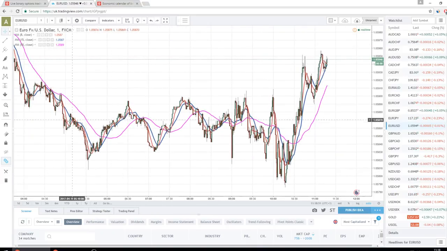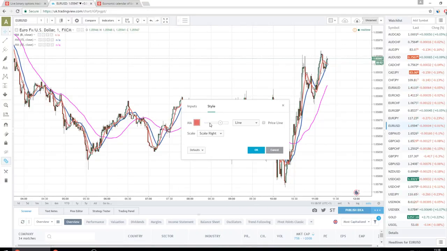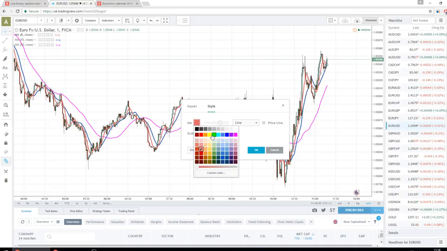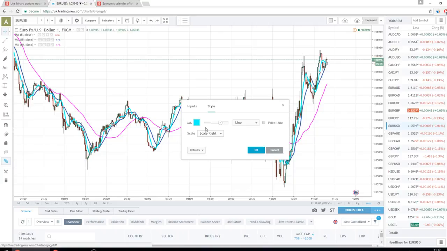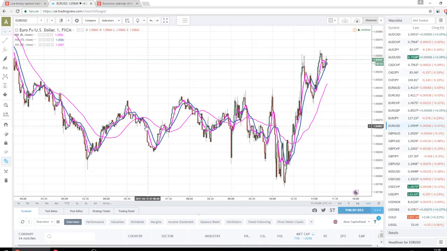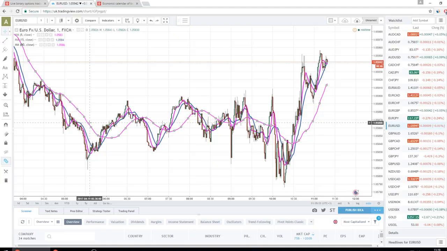Let's highlight the moving average with the short period. It needs to be brighter. I will change it to purple. This one I will change to another color, because it's important for us to see that one.